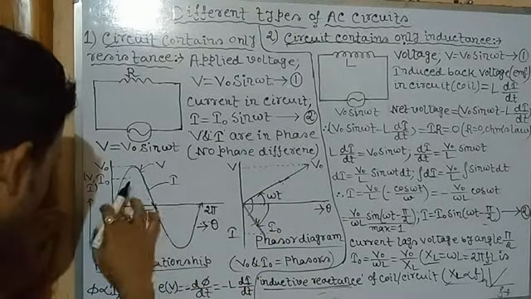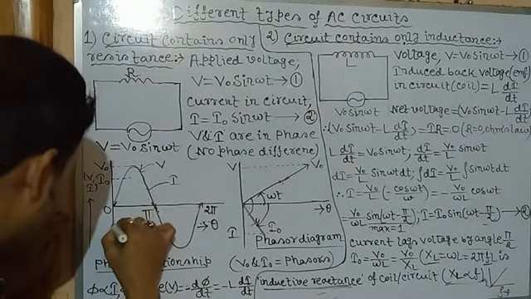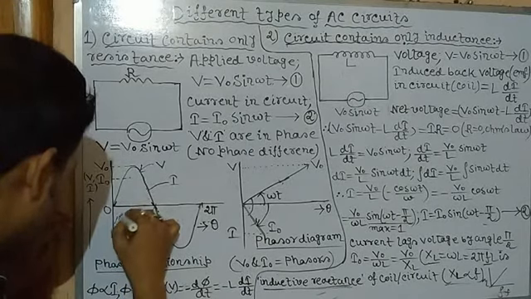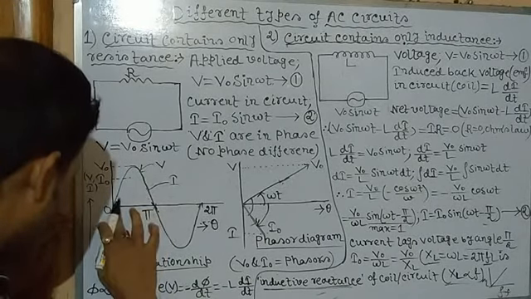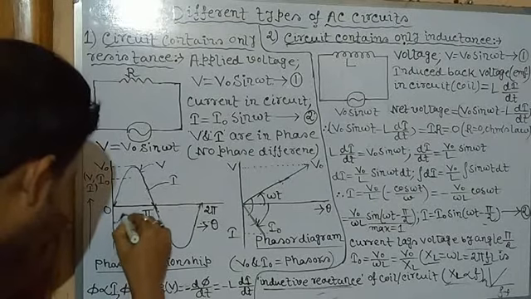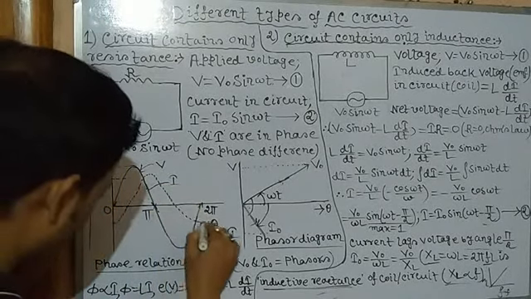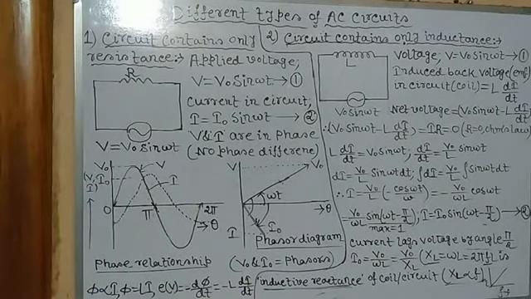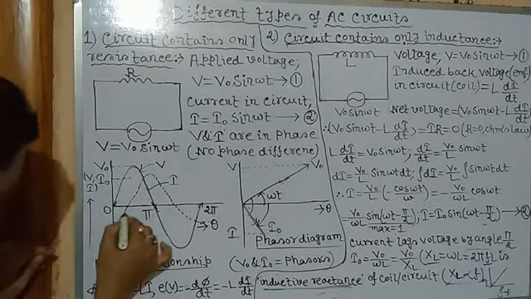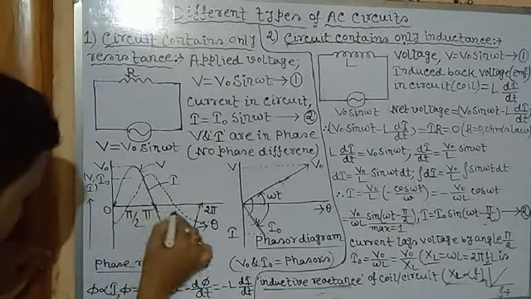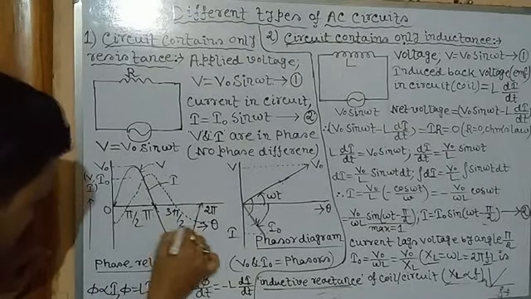So it cannot start from here; it will start from this. Look at this: when voltage is maximum, current is minimum. This is pi by 2, this is 3 pi by 2.